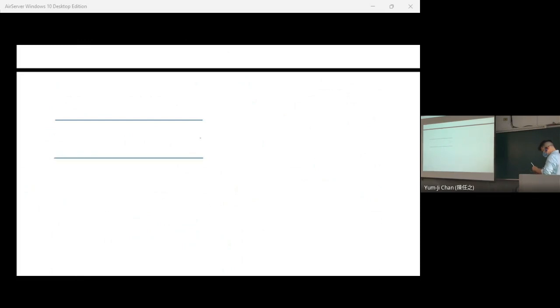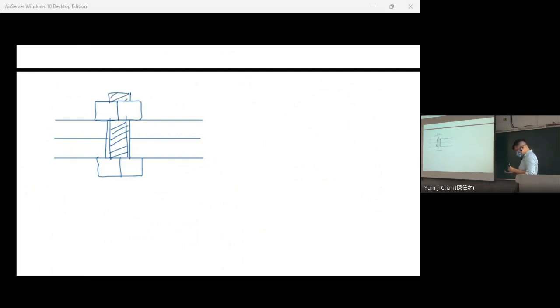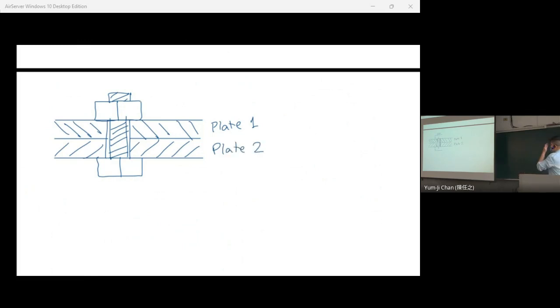We have two plates here, and those are joined by a screw, right? This is one plate, and this is another plate. And this is the nut, and this is the bolt.